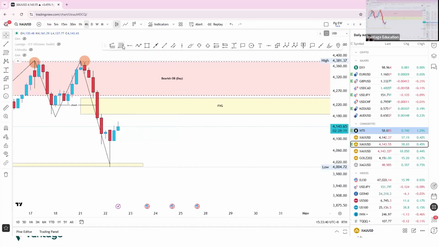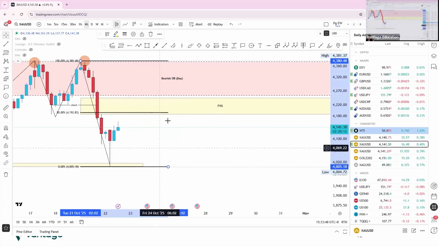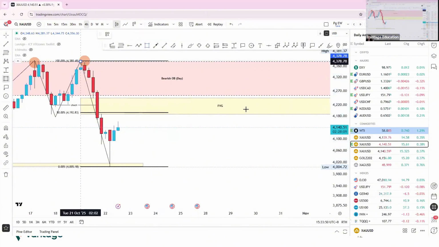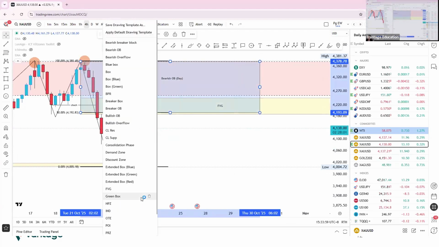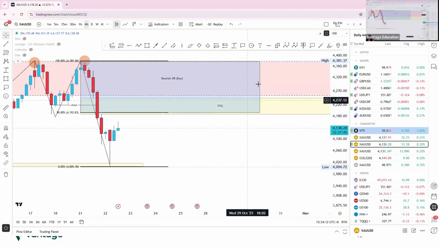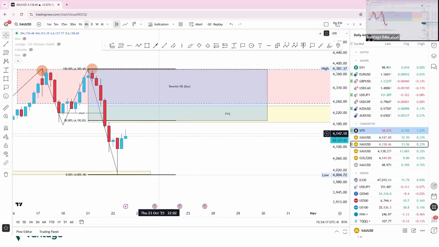So if we want to use the premium and discount zone, the PD area here, meaning that in this zone we're going to look for the sell entry within the bull box. Okay, right here. We're going to look here.